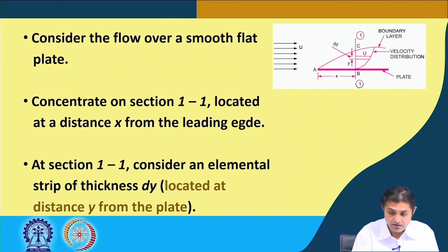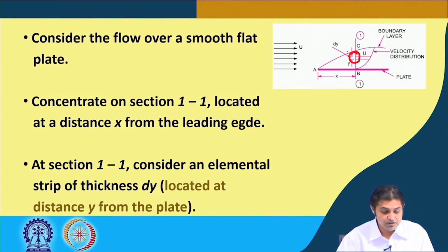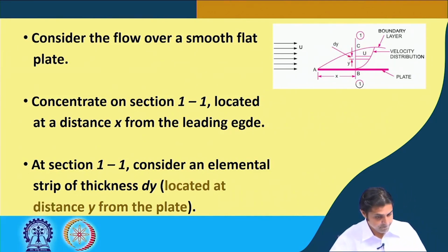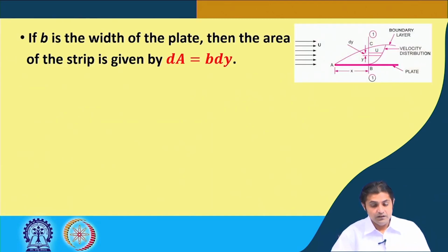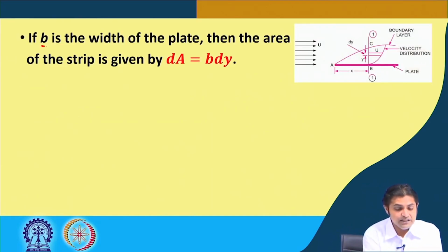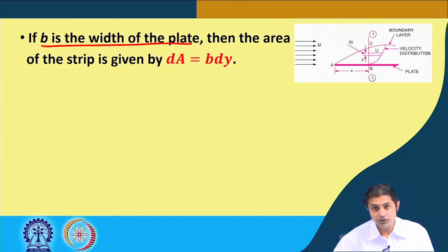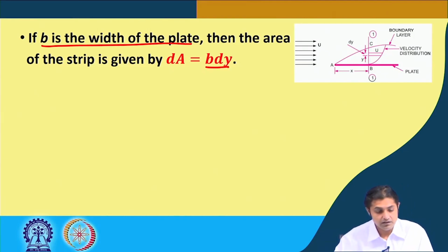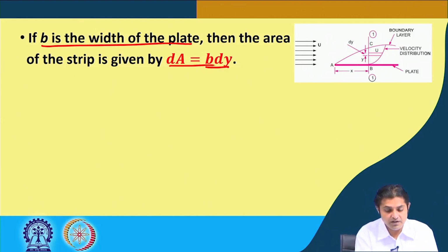Suppose B is the width of the plate, then the area of the strip can be given by B into dy. The strip will have the height dy and the width B, therefore, the area is simply B dy.